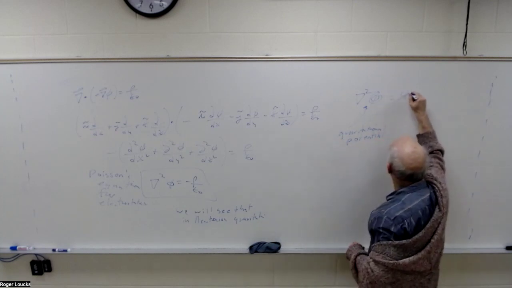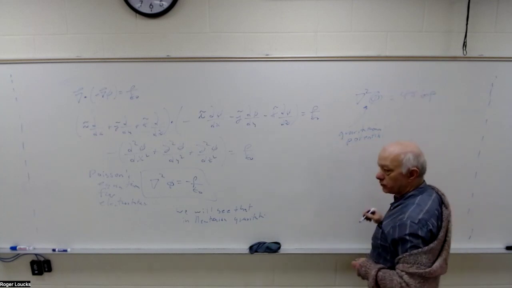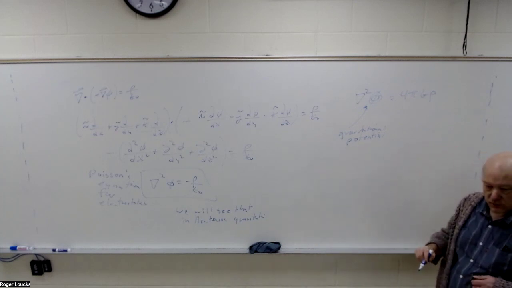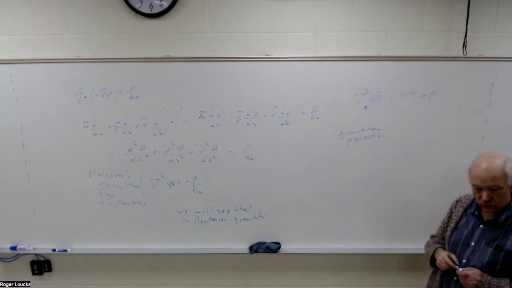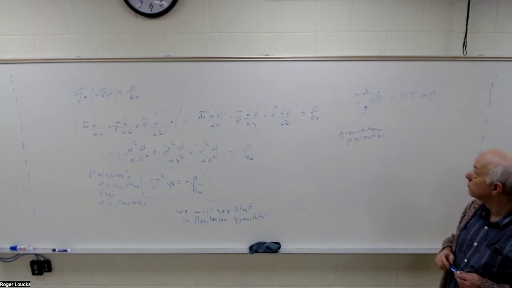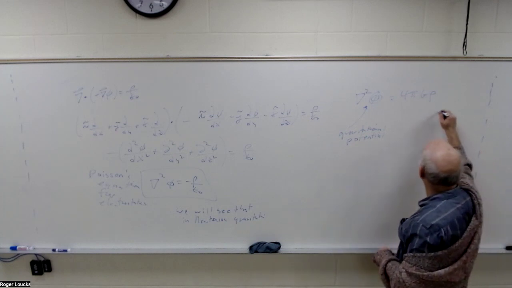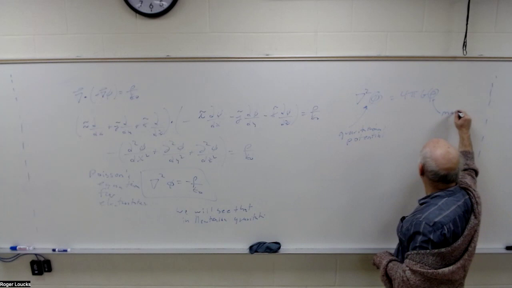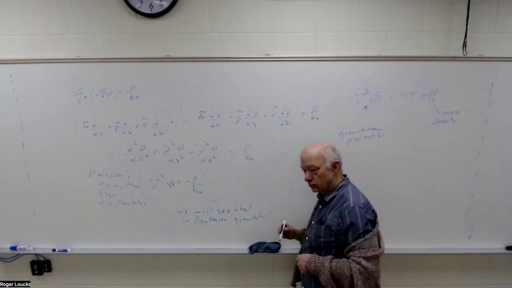This is going to be 4 pi G rho. And the rho is the mass density? This is your mass density here.